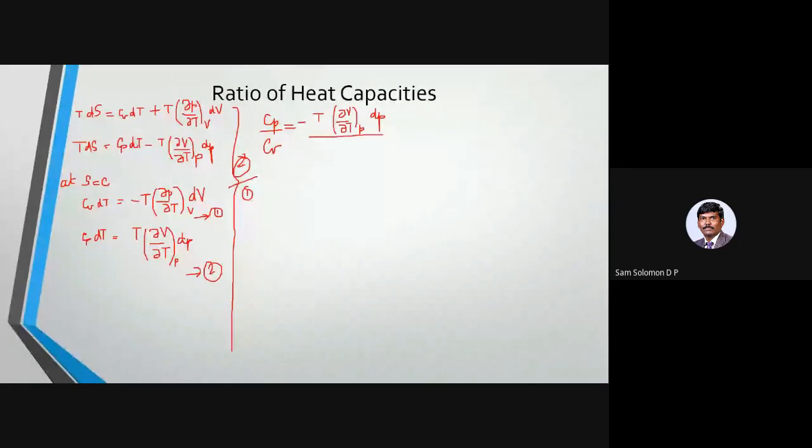T times partial P, the negative sign is actually in the denominator. I have taken that as common, so don't be confused. There is no negative sign in the numerator. The negative sign is in the denominator, but I have taken that as common.